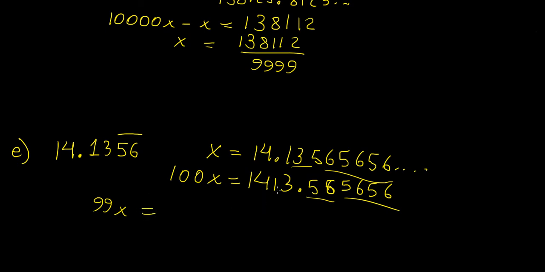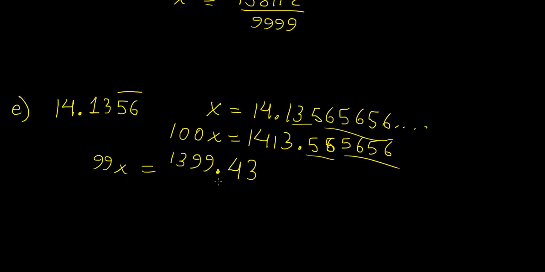So what we can do here is we can say 99x, so basically this minus that, is going to be equal to this minus 14, which is going to be 1399 point, okay, let me just do it in this fashion. And then we have the 56 minus the 13, that's going to be 43. This one is quite tricky, but we can easily convert that to a decimal because we just multiplied that by 100. So we're going to get 99x equals 139943 over 100.